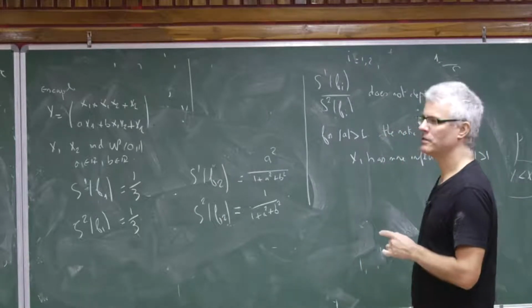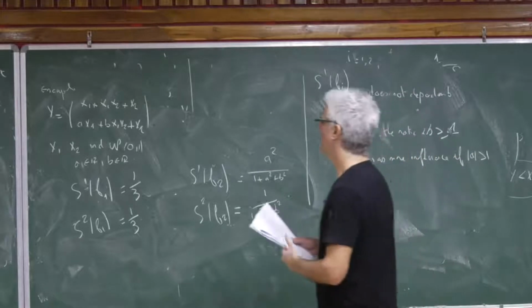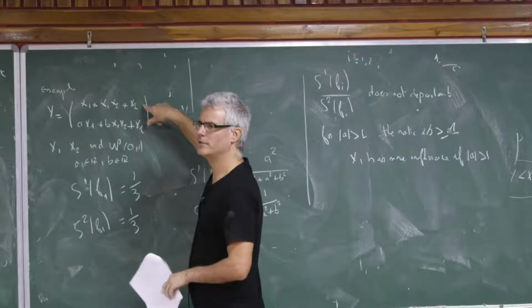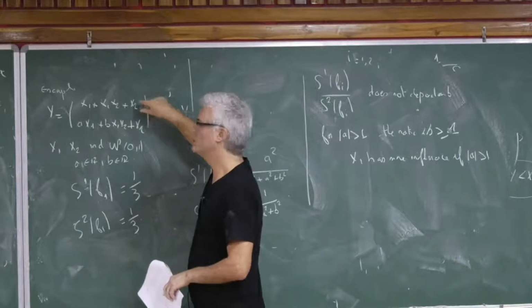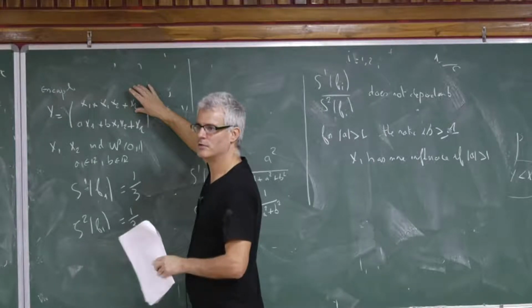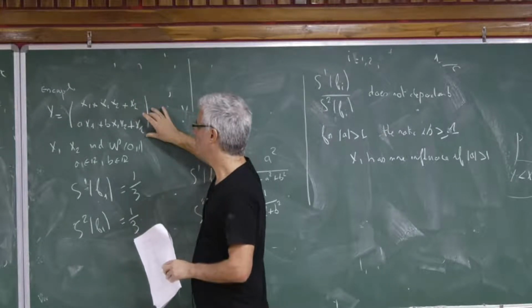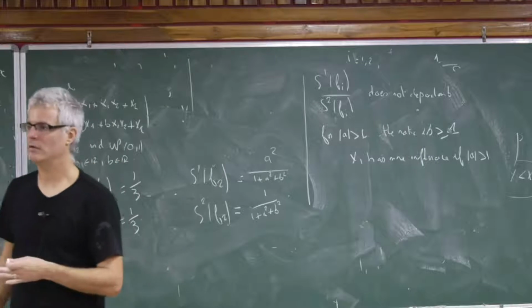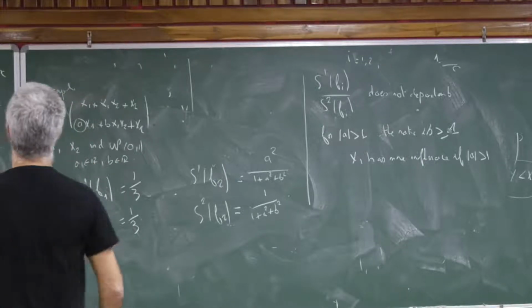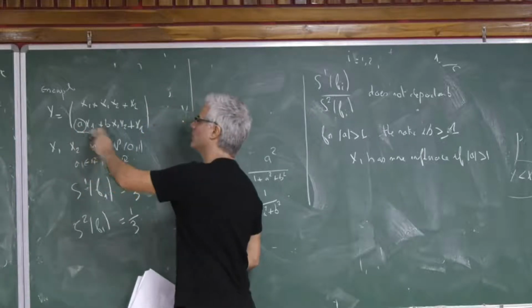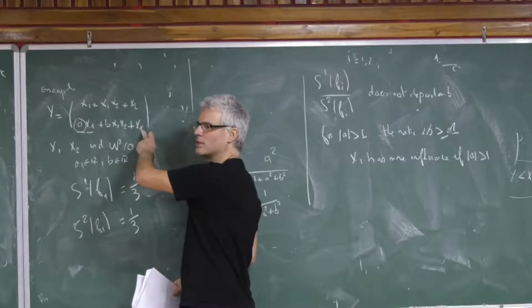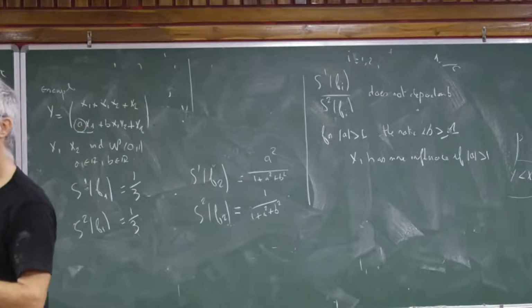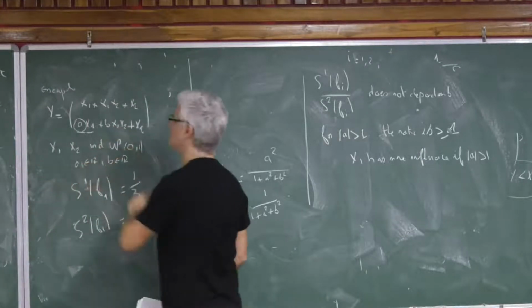If you take a look at the function, this is completely symmetrical with respect to X1 and X2, so for the first output, X1 and X2 have the same influence. And here, if A is larger than 1 in absolute value, this one has a variance that is greater than this one. So it seems natural to say that X1 should have more influence than X2 if A is larger than 1. This part is symmetrical in X1 and X2.